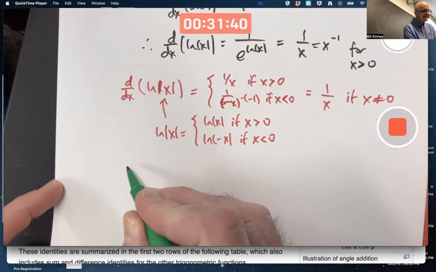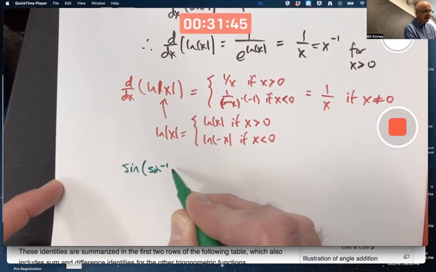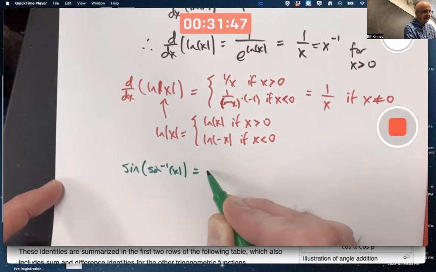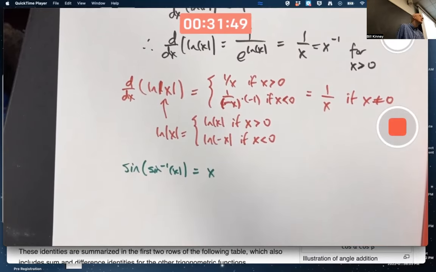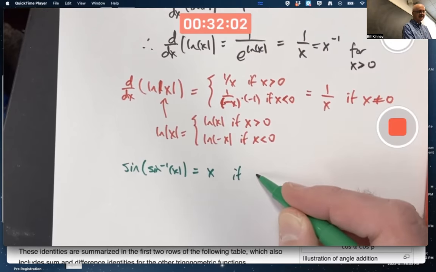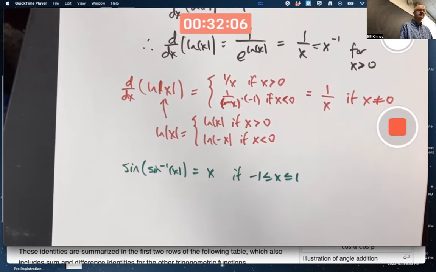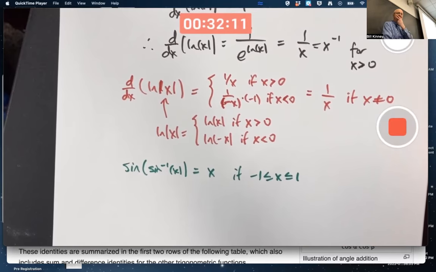We know sine of inverse sine of x equals x, at least for the values of x in the domain of the inverse sine function. What's the domain of the inverse sine function? You may not remember. This is true if x is between -1 and 1. That's the domain of the inverse sine function, not other values of x.